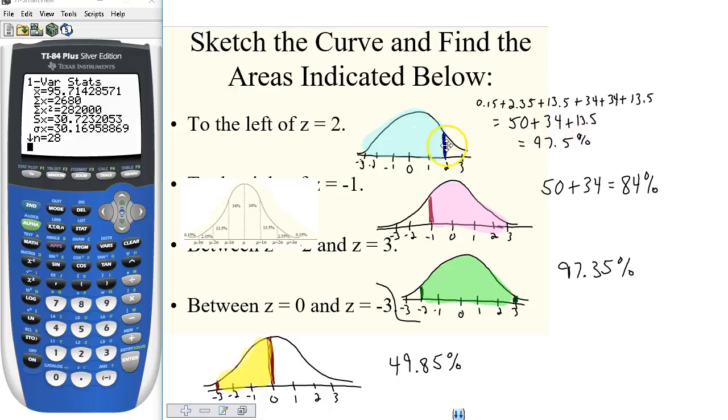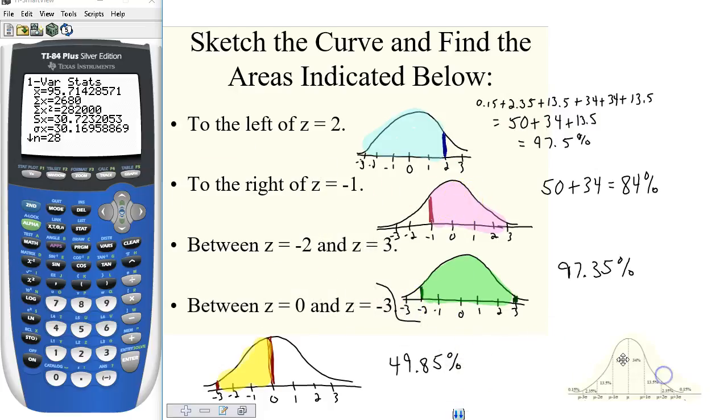Alternately, you can add the areas above 2 standard deviations, which might be a little quicker: 2.35 plus 0.15 is 2.5%. I can subtract that from 100% to get 97.5%. So there are some shortcuts that you can take here. Sometimes it's easier to use the complement instead of adding them all up together like I did in this example. But either way should get you the same answer.